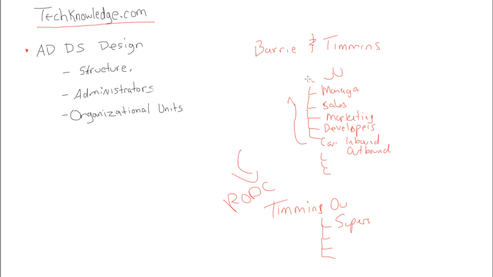So that's the way we're gonna do it. But there's other ways you can. For instance, let me just erase this here. So yeah, we got our Barry and our Timmins group. So for instance, you can just have all the departments listed under tech knowledge. Let's say, start the OU like that, and have all the departments, and then inside you can just have all the users.